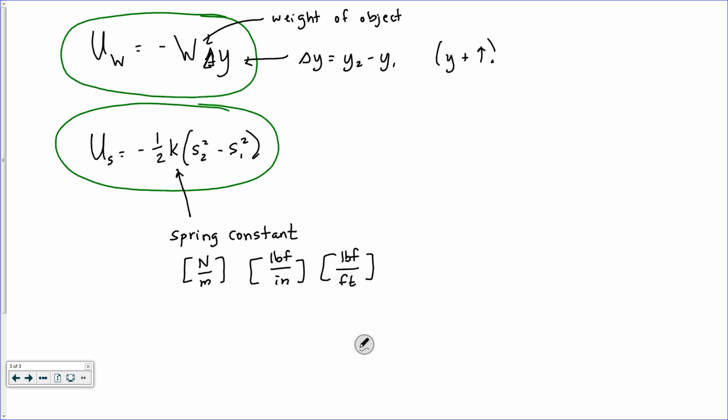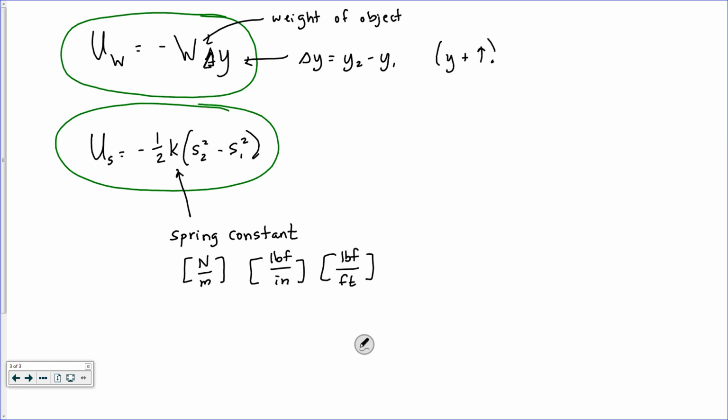So clearly the spring constant is not a force by itself because units of force would just be newtons or pound force. But the spring constant has units of newtons per meter or pound force per inch or pound force per foot. It's a force unit per length unit. Okay, so don't confuse those. Now that's a value that generally is given to you in a problem.